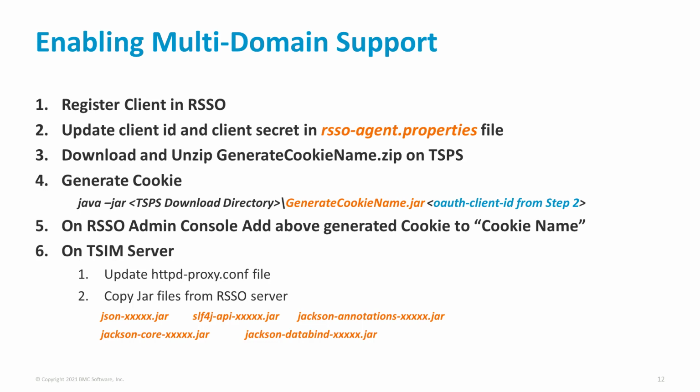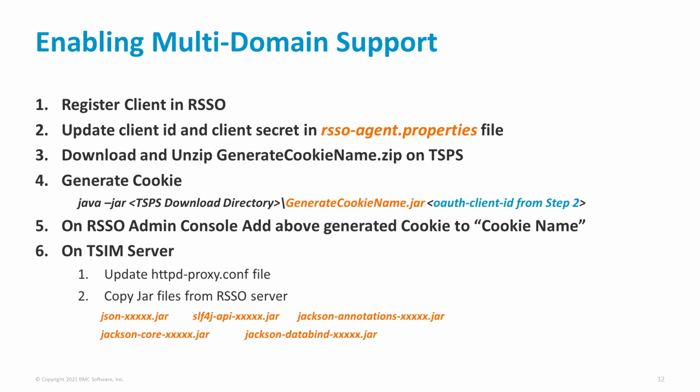The client can be any unique client name, inside which you provide details for your TrueSight Presentation Server or TSIM server URLs. Then you update the same client ID and secret on your RSSO agent.